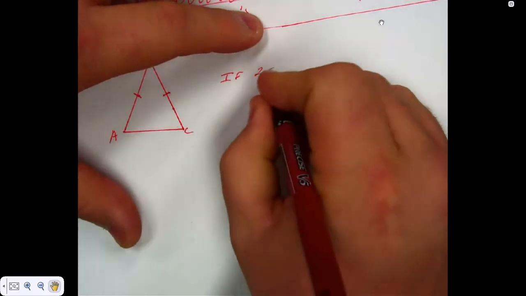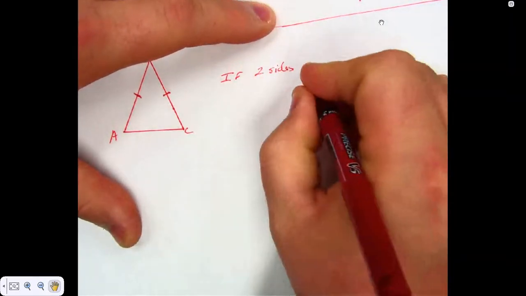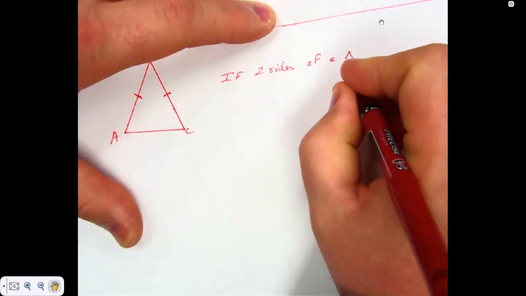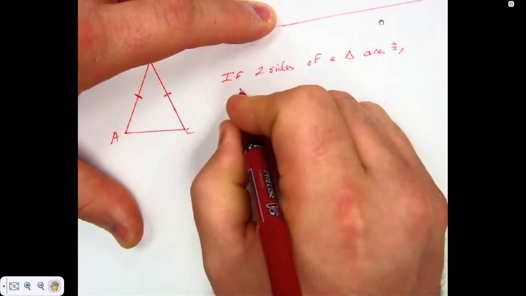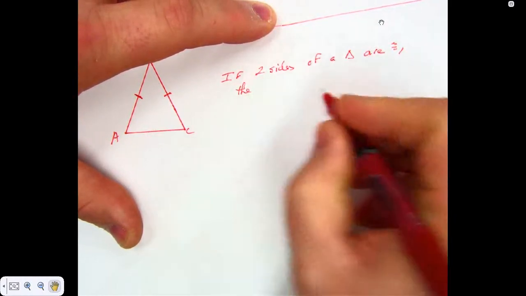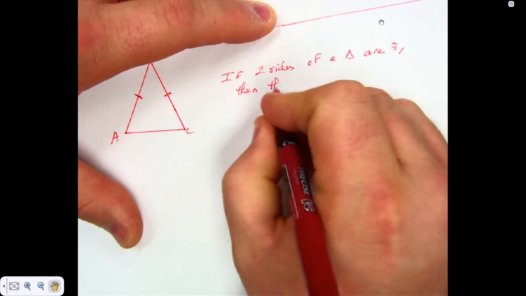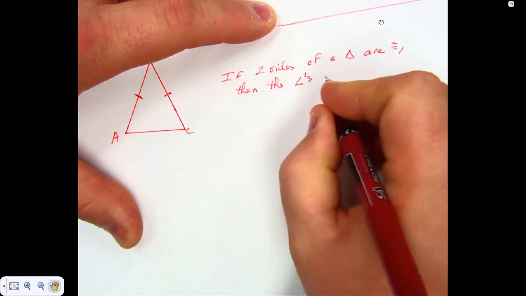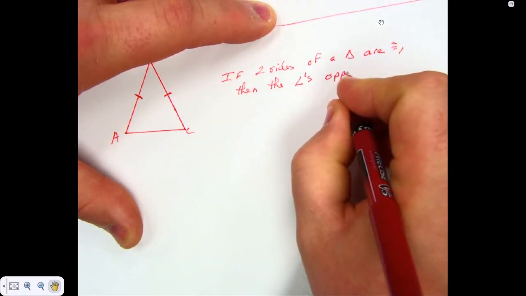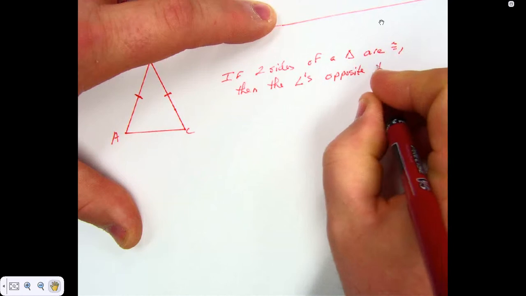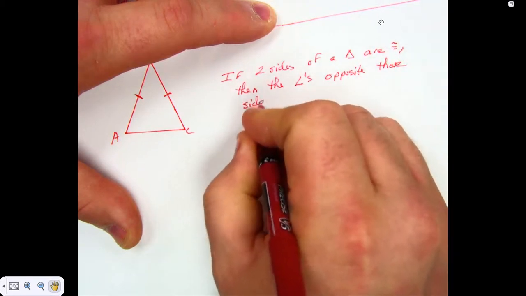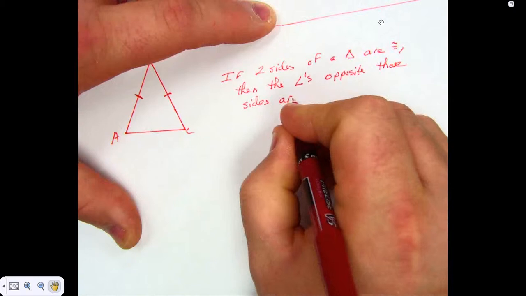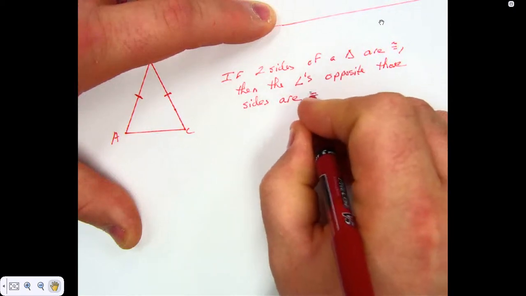If two sides of a triangle are congruent, then the angles opposite those sides are congruent also.